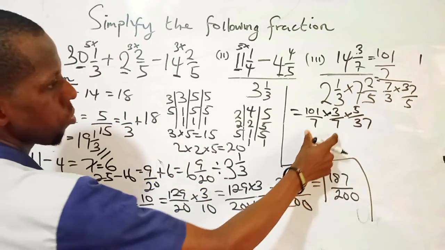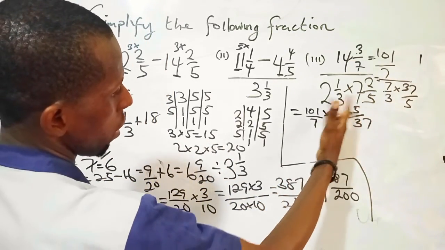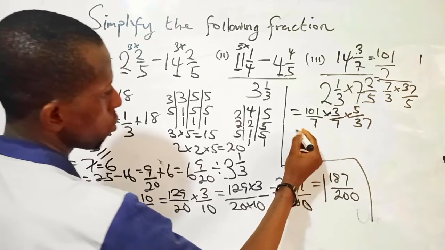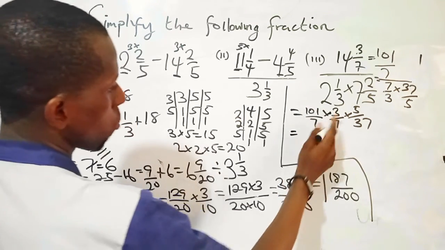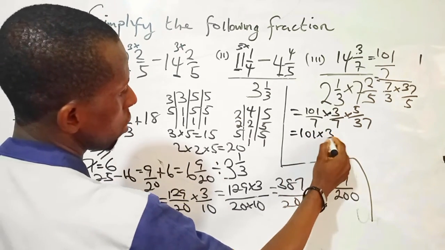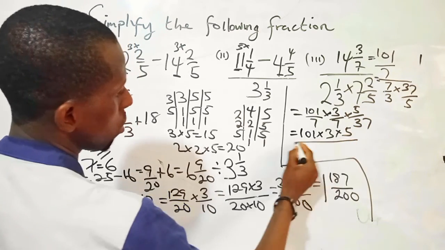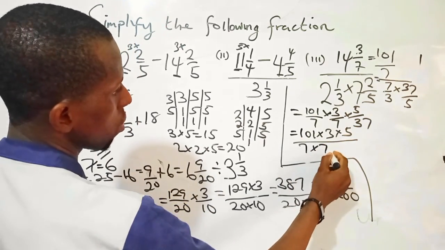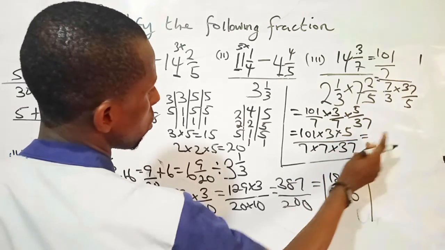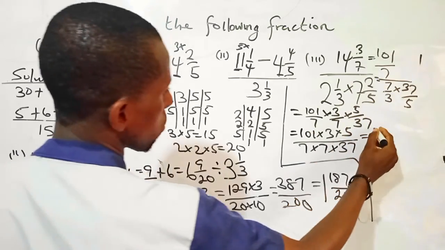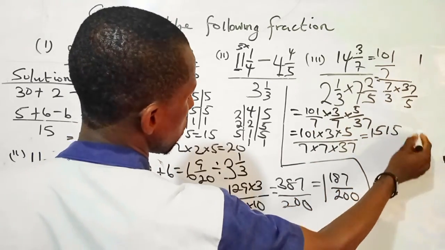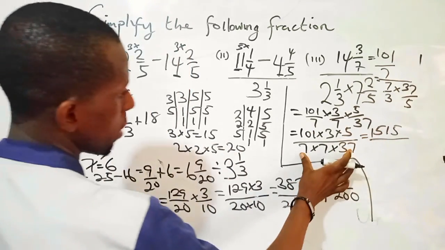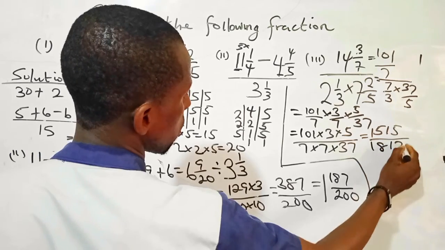From here, we look at what we can divide, nothing. So we have to multiply out. So we have 101 times 3 times 5 divided by 7 times 7 times 37. When we multiply this, we have 1515, and when we multiply this, we have 1813.